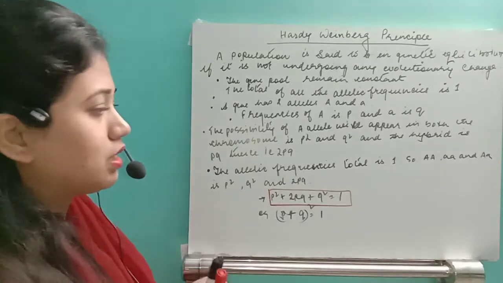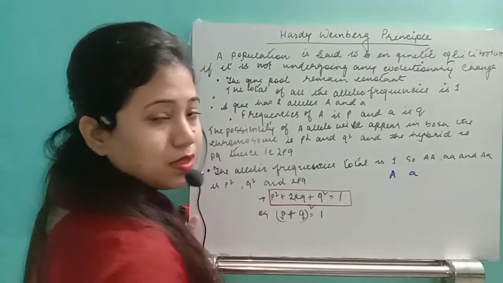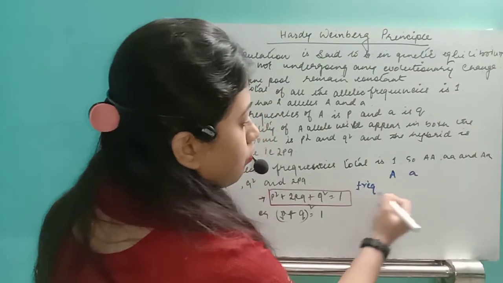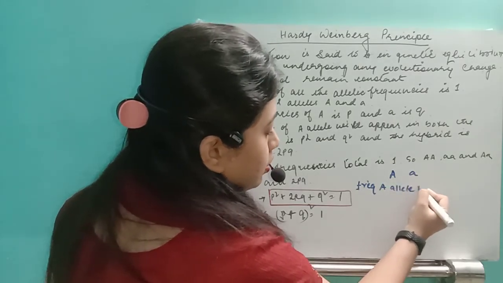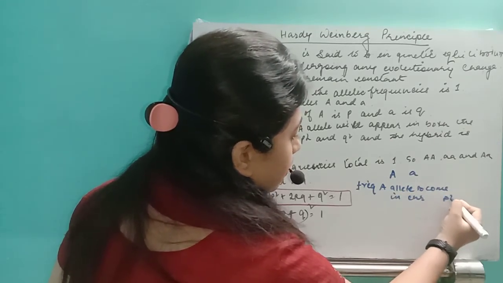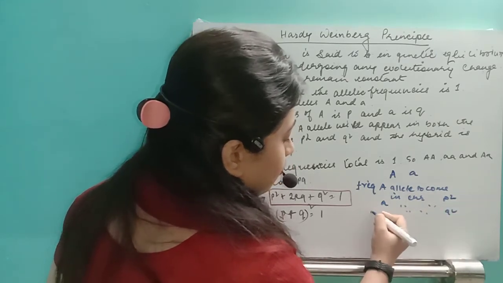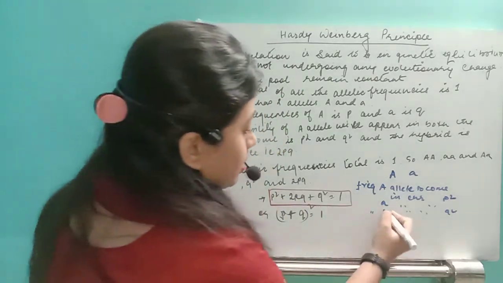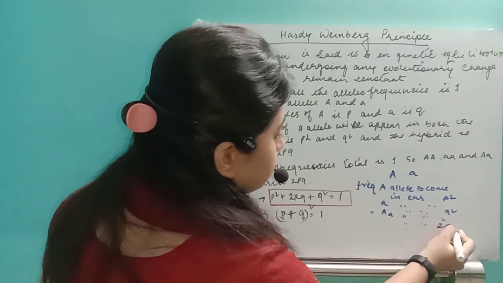Just remember one thing: we have two alleles now, capital A and small a. The frequency of the A allele coming in the chromosome is p square, and the small a allele is q square, and the frequency of the heterozygous, or the hybrid, that is capital A small a, coming in the chromosome is twice pq.